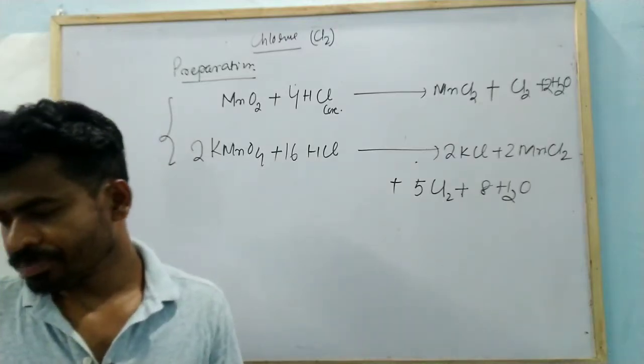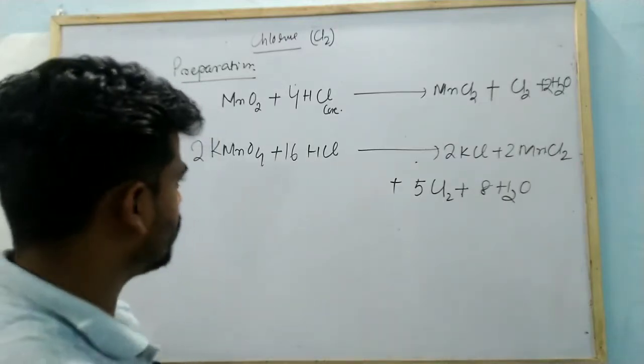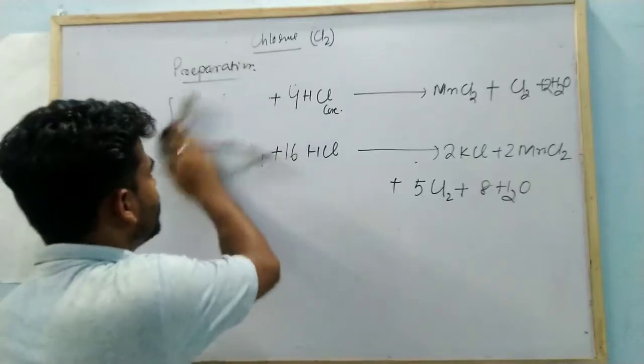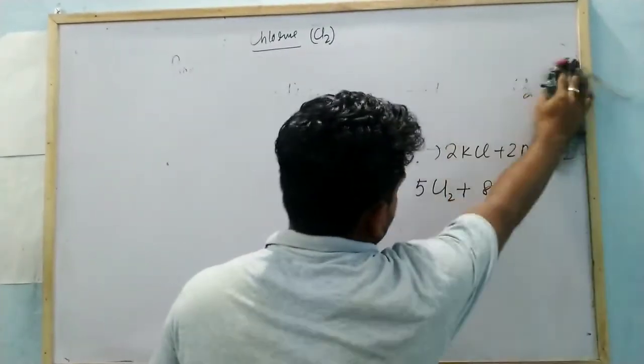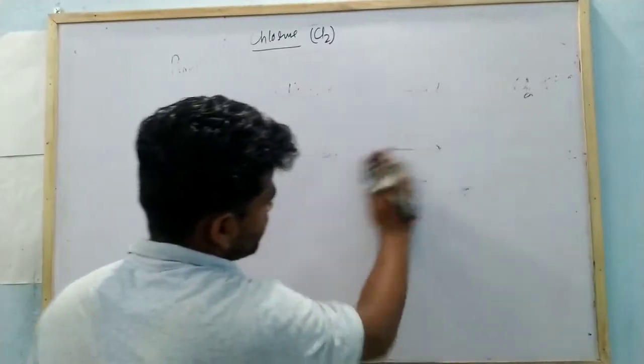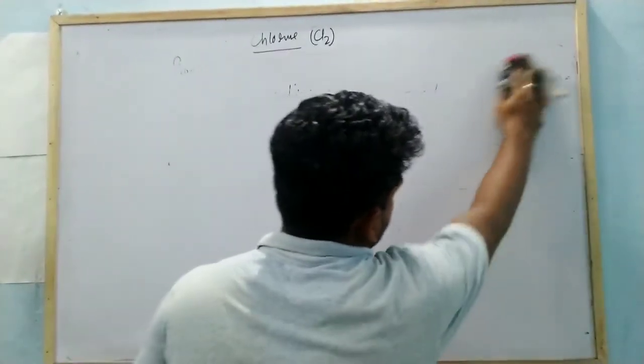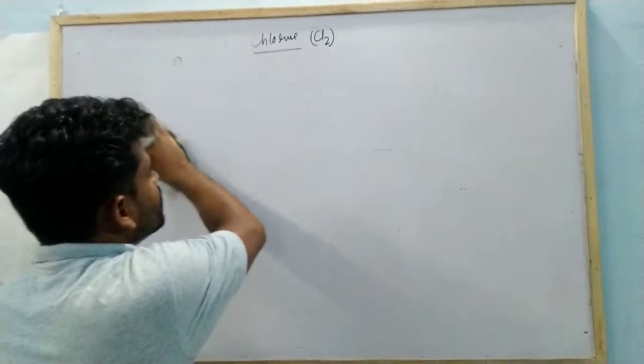Chlorine is light yellow in color, having a pungent smell, and it is a gas. It is a suffocating gas having a pungent smell.